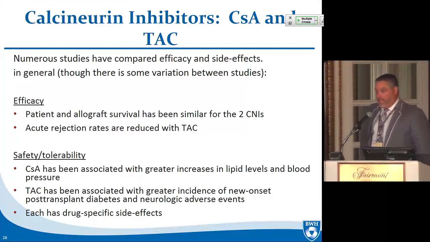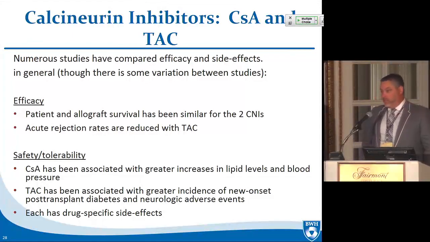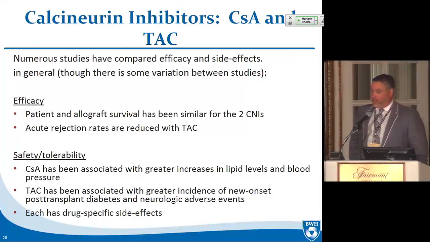But what we have to take into consideration now is that tacrolimus is associated with a greater incidence of new onset diabetes as well as neurologic toxicities, in particular hand tremors and headaches. And the more you ask your patients, I think you'll also find confusion and memory issues associated with tacrolimus as well.